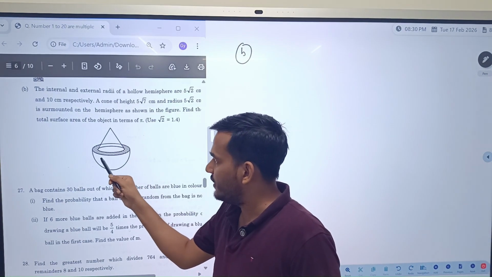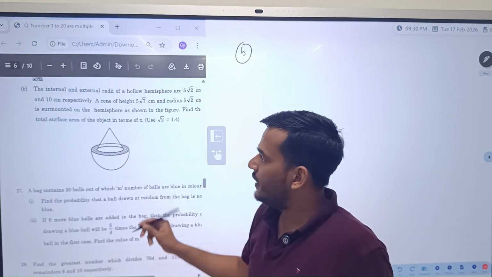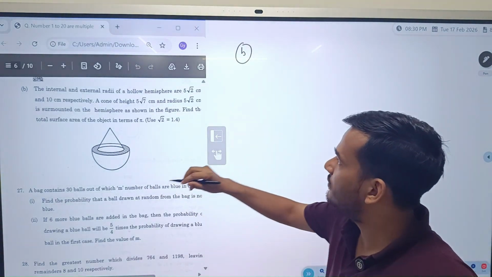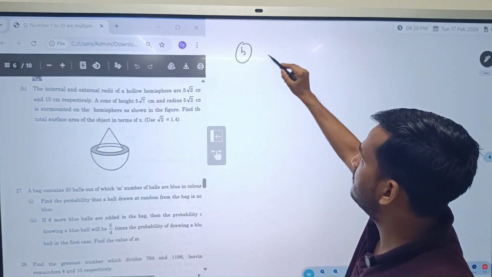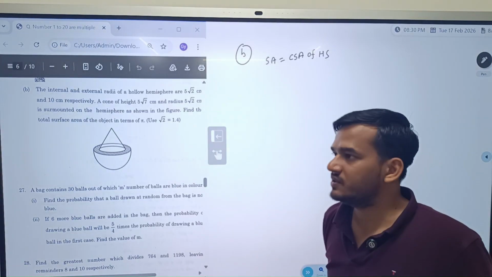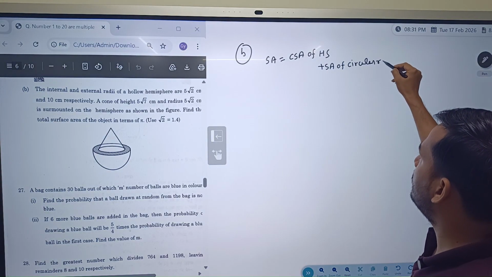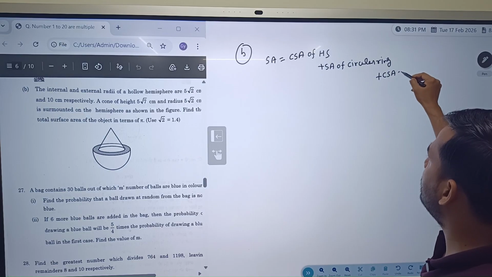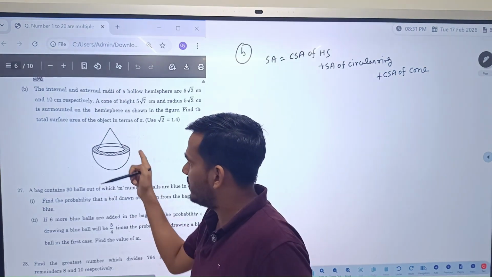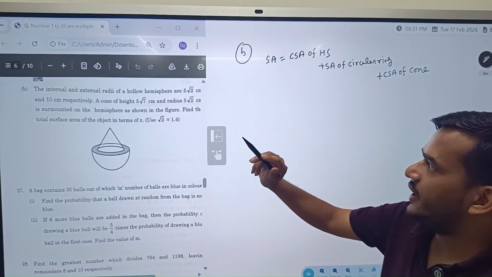So look, this figure contains the curved surface area of the hemisphere plus this circular ring and the curved surface area of the cone. So the total surface area of this figure is equal to the curved surface area of the hemisphere plus the surface area of the circular ring plus the curved surface area of the cone. For the curved surface area of the hemisphere, we'll take the external radius of the hemisphere, that is 10.